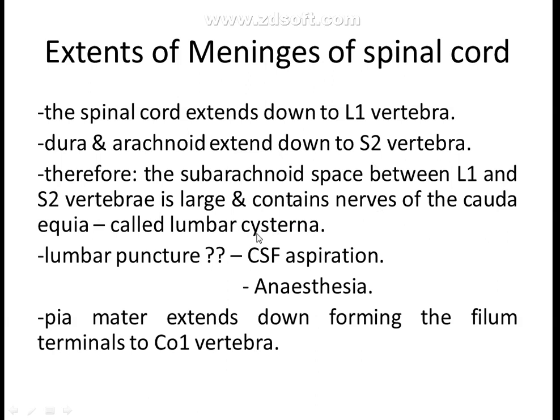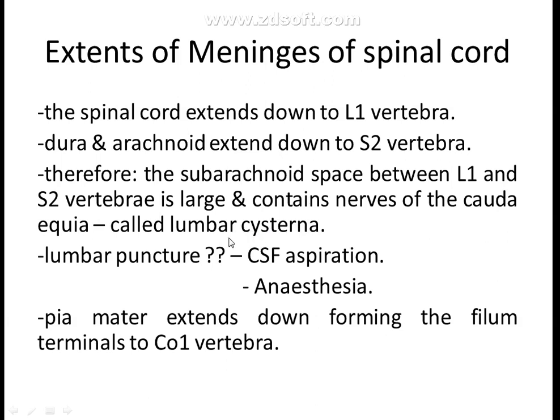This region of subarachnoid space between the lower end of the spinal cord at L1 and the lower end of the arachnoid and the dura at S2, which contains CSF and cauda equina, is called the lumbar cistern, because it is a very large subarachnoid space.